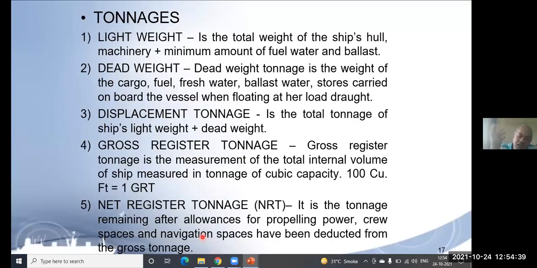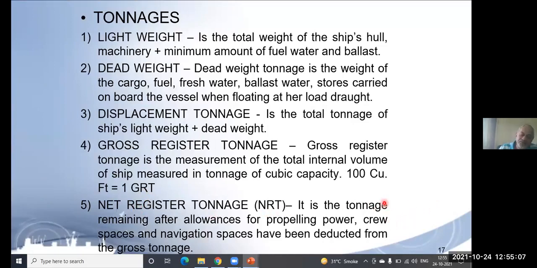All these things are required for every ship, so this is not my commercial activity. So these spaces will be deducted from GRT, and that will be called NRT, net registered tonnage. So both GRT and NRT are not actual measurements, but they are said to be gross registered tonnage and net registered tonnage. Is it clear?